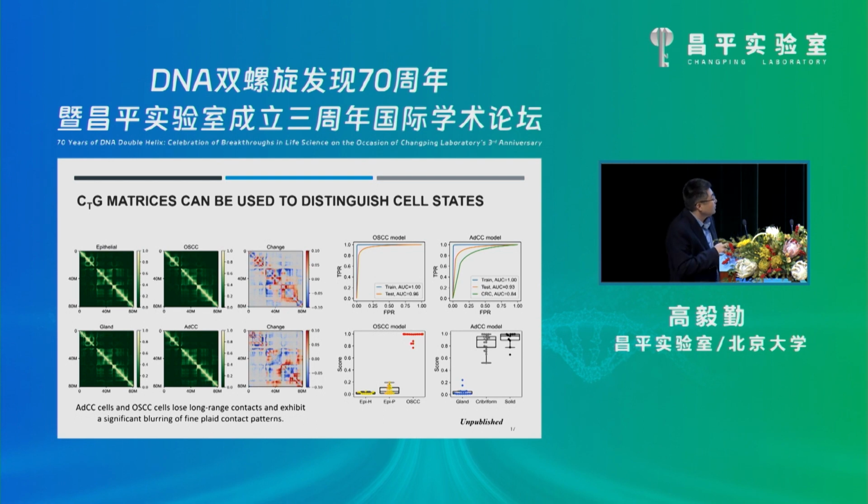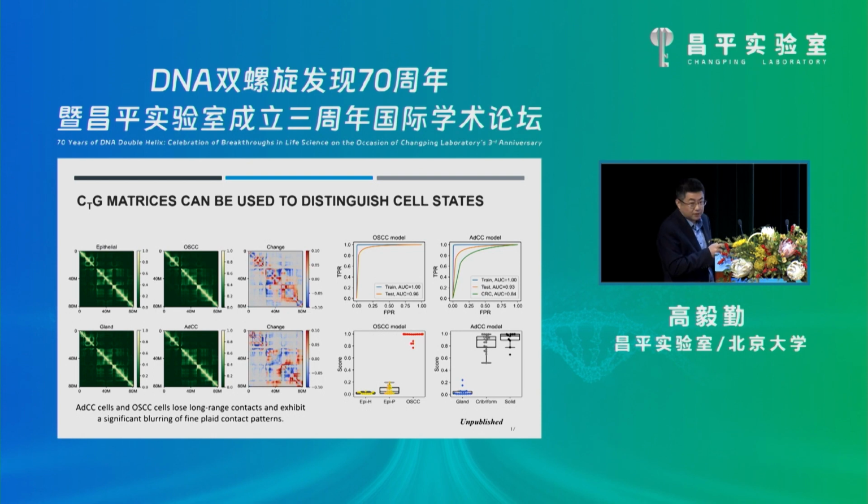That tells us probably there's a general property of the structure changing when one goes from normal to cancer. So one can take each of the points to train a model: look at each gene, how it interacts with other genes, and see whether you can tell if this is from a cancer sample or from a normal sample. If the chromatin structure is important, one should be able to tell the difference. Indeed, we can see that the success rate is very high.